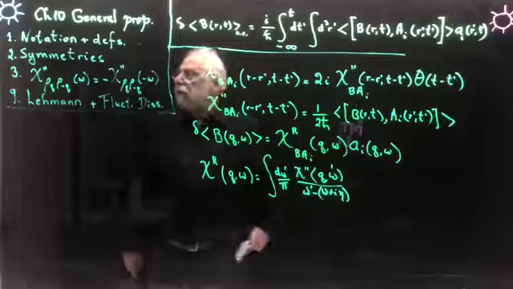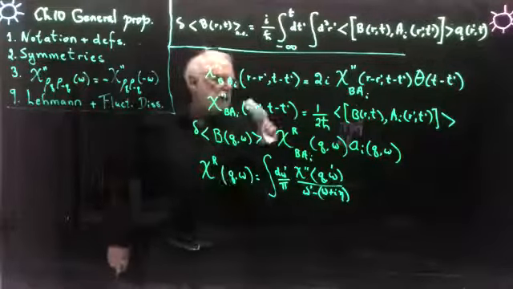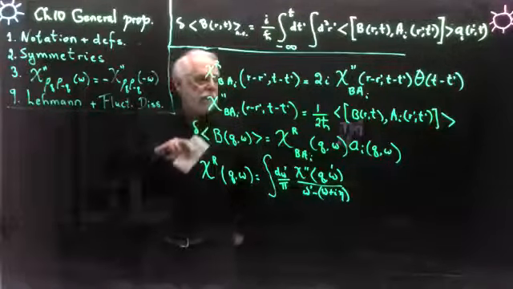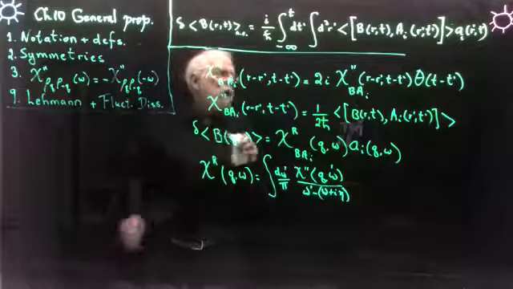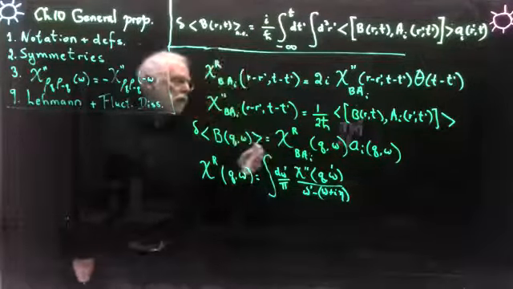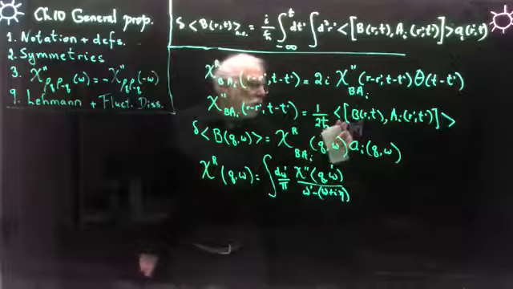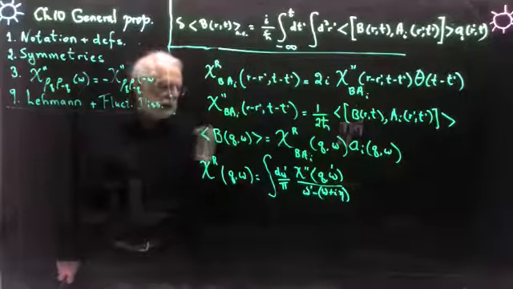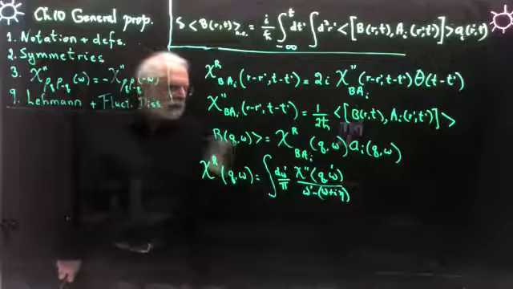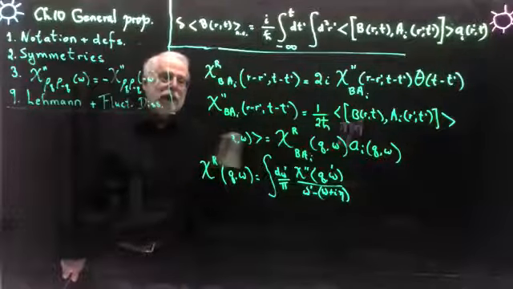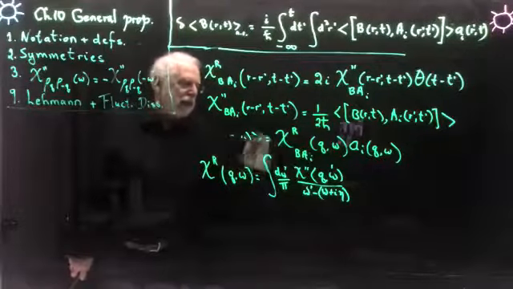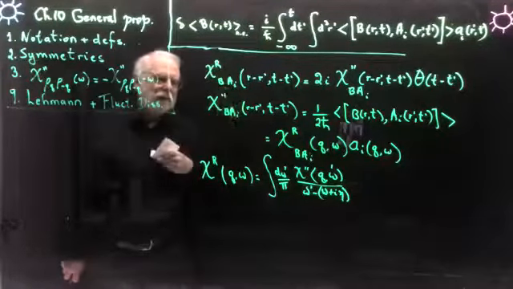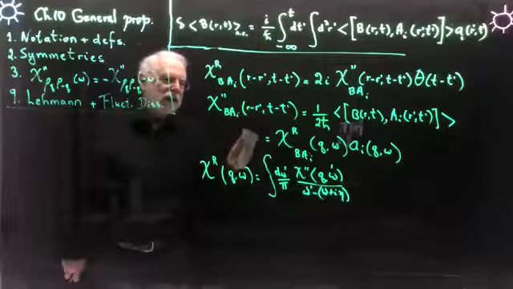So now let me discuss symmetries. We will be focusing on this chi double prime. One more remark: what happens to the commutator divided by h bar in classical mechanics? Usually it's done the other way around. The Poisson bracket in quantum mechanics goes to 1 over h bar times the commutator.